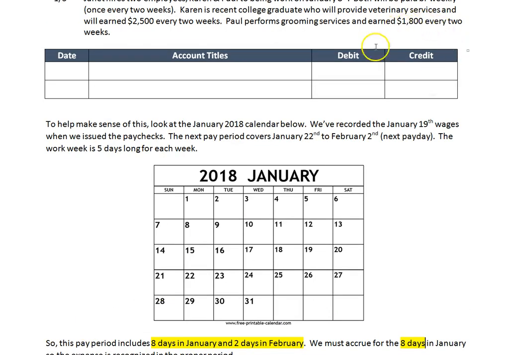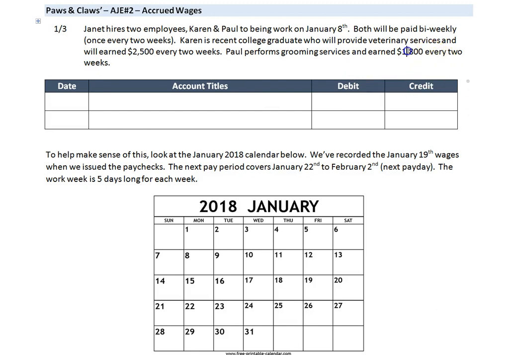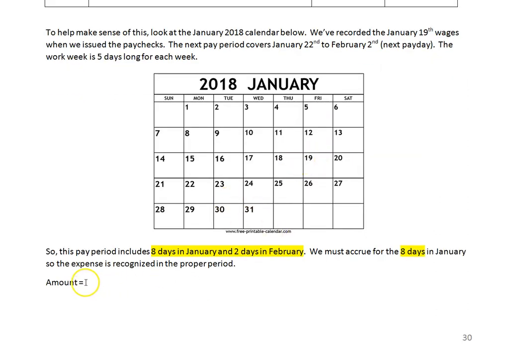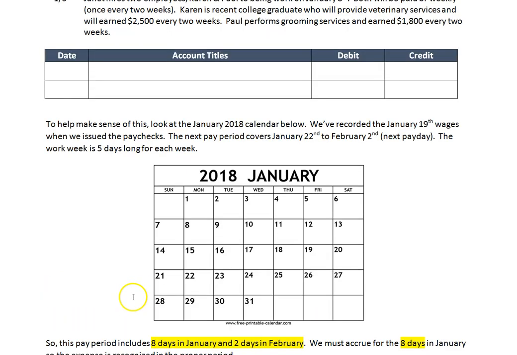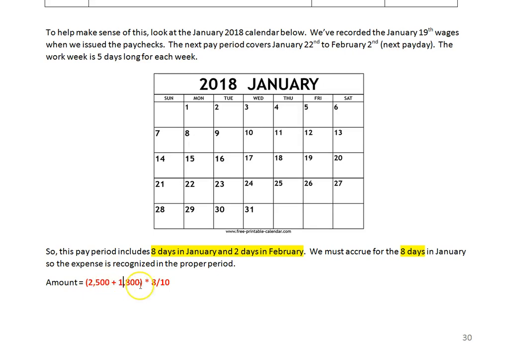So we're going to take the total amount, we're going to add up 2,500 plus 1,800, and then divide by 10 and multiply by 8. So 2,500 for one of them, Karen, and then we have 1,800 for Paul. Add those up together. Make sure you use the parentheses or you add them up first, because without the parentheses it changes it.